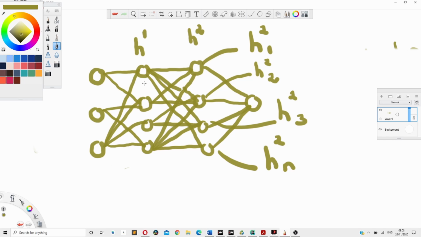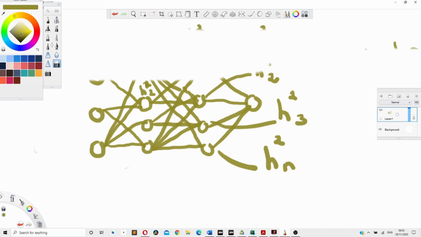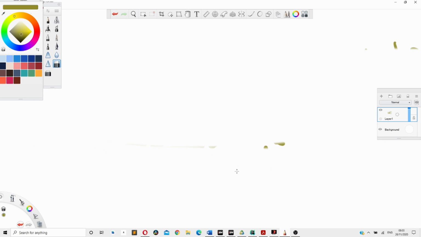So if you remember, this one is going to be H1 2 from our notation. I hope this neural network architecture with two hidden layers helped you grasp our notation for the hidden layers. So let me write that down.